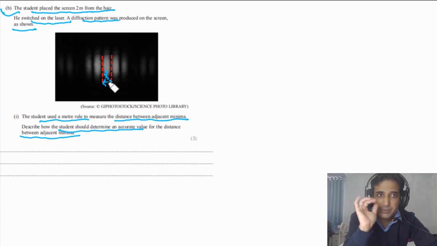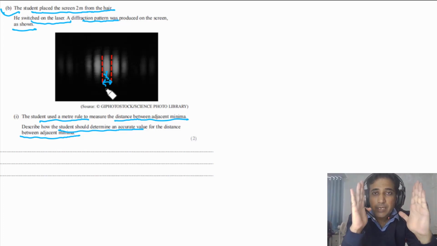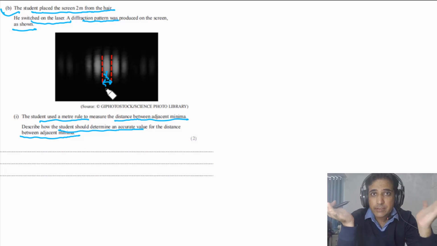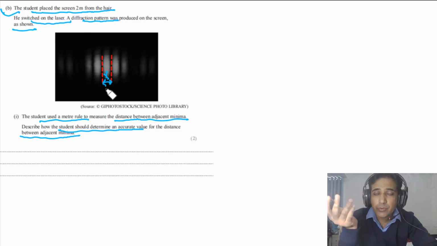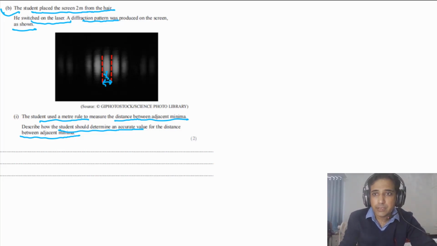This is one way to do it. The second way is we can find the value of x for 10 adjacent minima and divide by 10. So we can also find the value of x, and that value will be more accurate. You can write any one of them. I'll be writing the first one in this case.